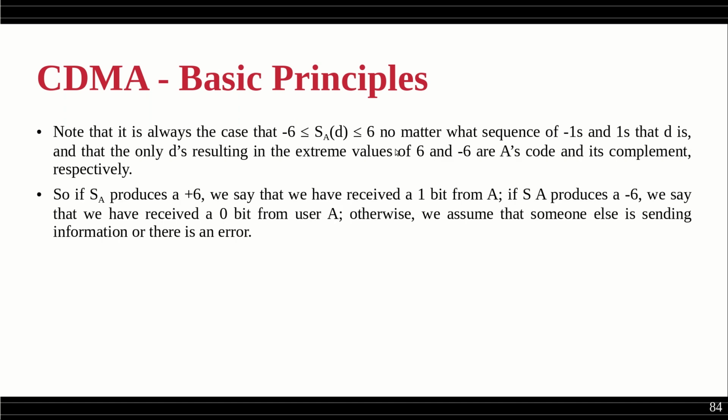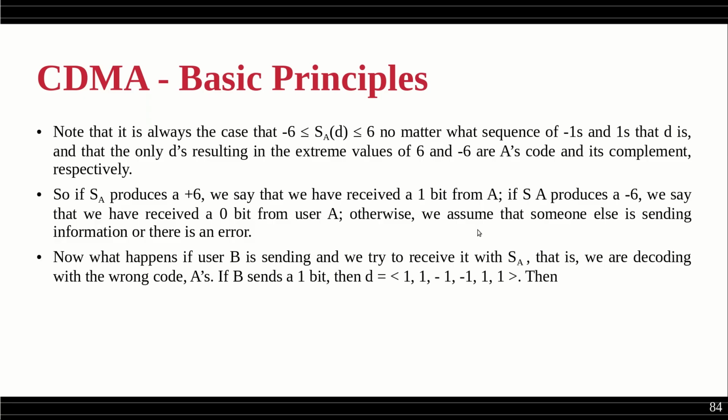So this is the extreme value that is possible. When the receiver decodes using A's chipping code and gets plus 6, we say that we received 1 from A, right? And minus 6, we say that we received a 0 from A. Otherwise, we assume that someone else is sending the information, or it could be some error. So this is how we handle multiplexing and error situations.